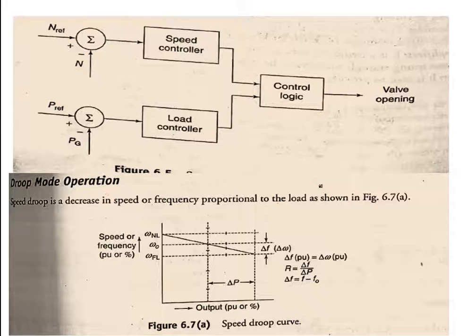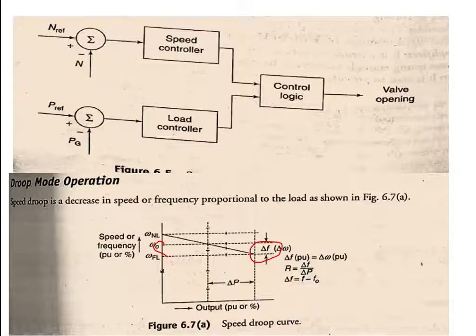W0 is the base speed, the actual speed recorded from the system. The difference between the base speed and the full load speed gives the change in frequency, delta F, which is the base frequency minus the full load frequency.